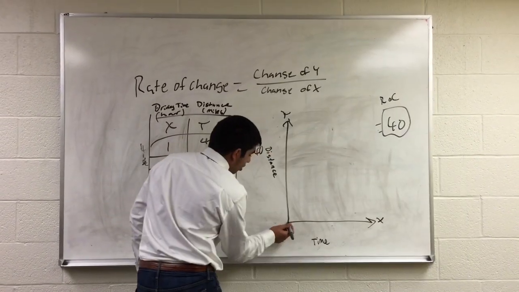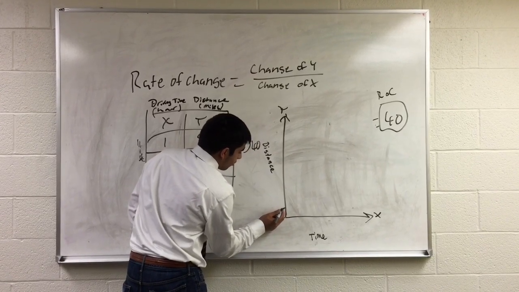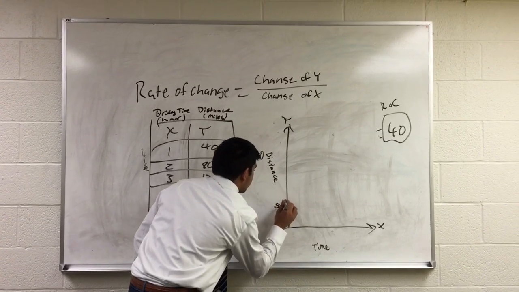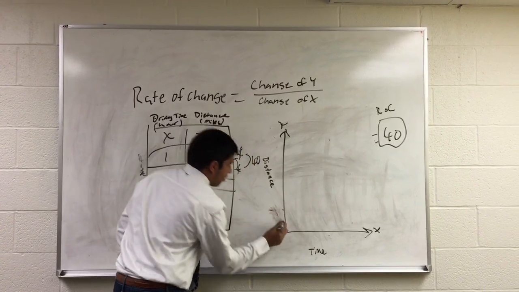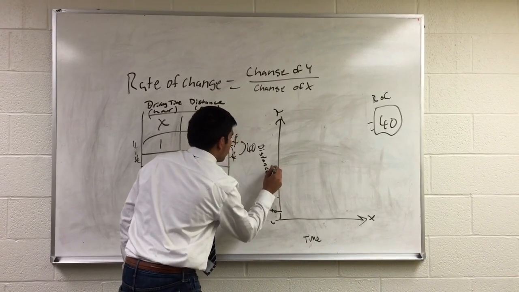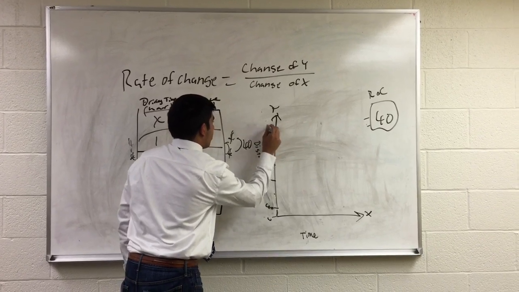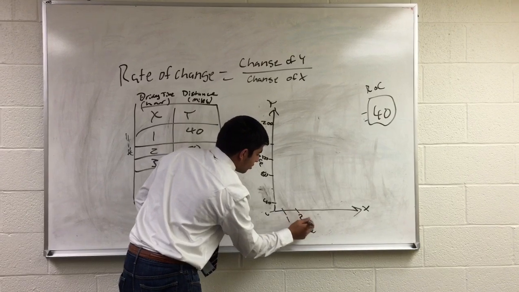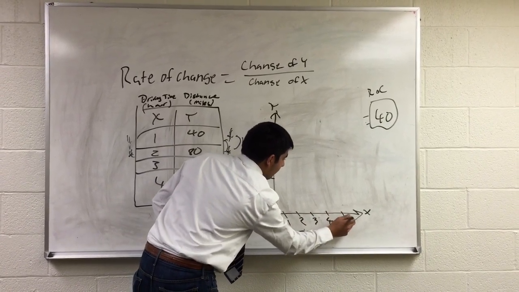And we'll go by increments of 40, just because we can see. Sorry. Up to 200, and we'll go 1 hour, 2, 3, 4, and 5.